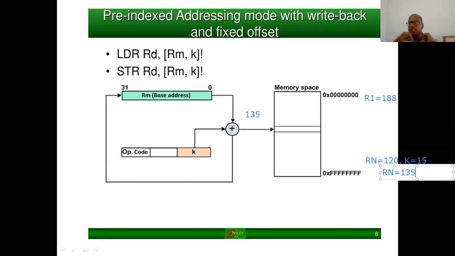What is going to happen here is that we are going to write back the value again to Rn or Rm. That is not a problem. Here it is Rm, it is just a spelling mistake. So we are again writing back the result to that particular register. This is nothing but feedback. A small amount of the output that is given back as an input is called feedback. So this is called write back addressing mode.